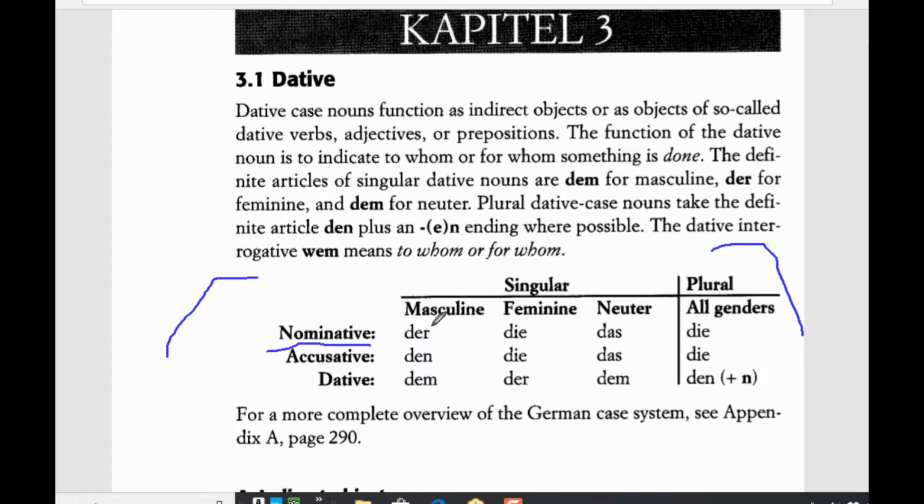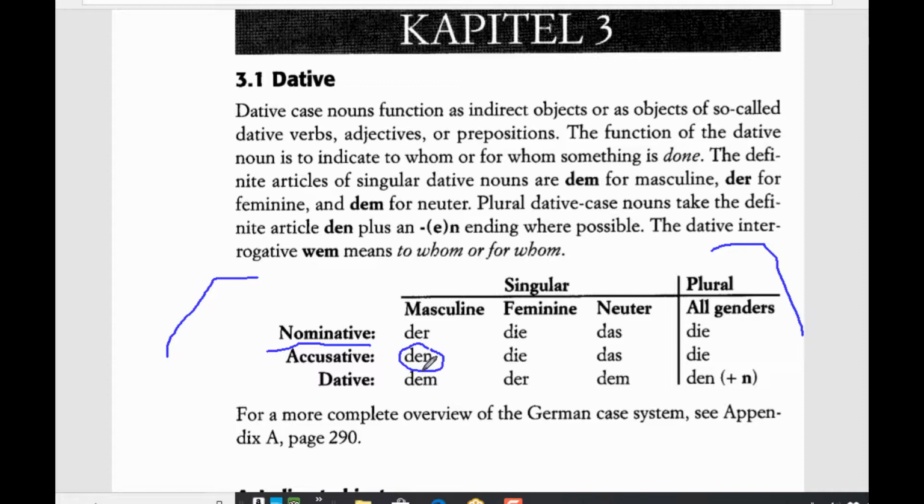German uses a different definite article depending upon the gender of the noun. For masculine it's der, for feminine it's die, and neuter it's das. When you come to the accusative, or the direct object, then for the masculine it's den, but the feminine and the neuter are the same form as the nominative.